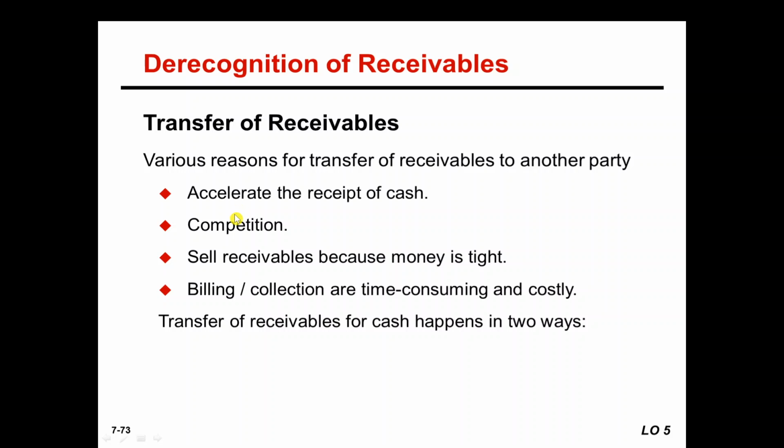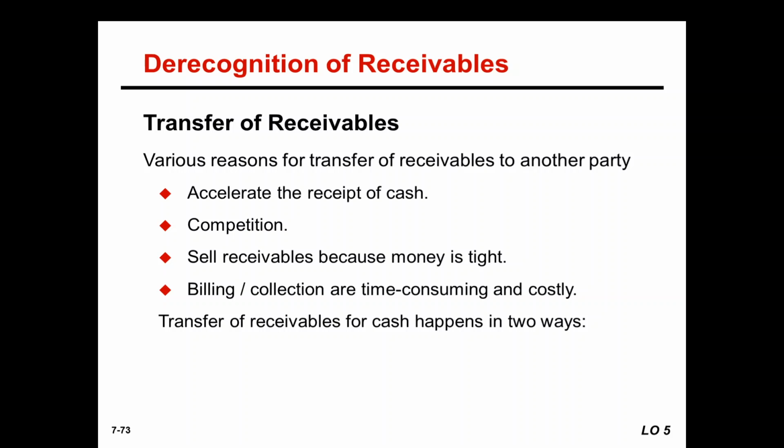So some derecognition of receivable could be in the form of transfer of receivable. For example, telecommunication companies like Telkomsel have receivables from their customers, let's say 100 billion rupees.